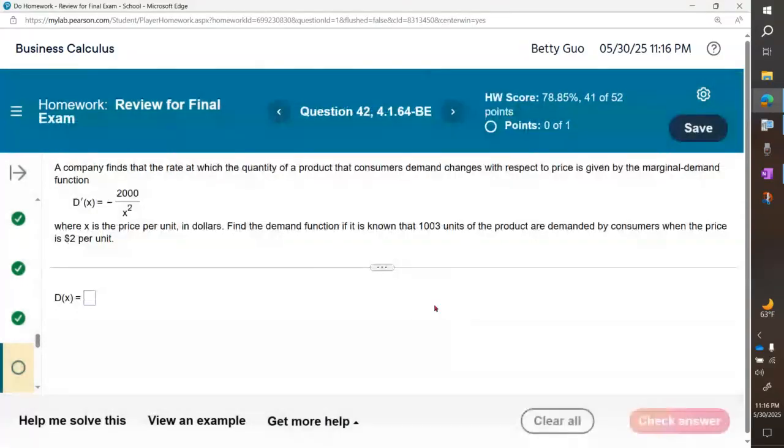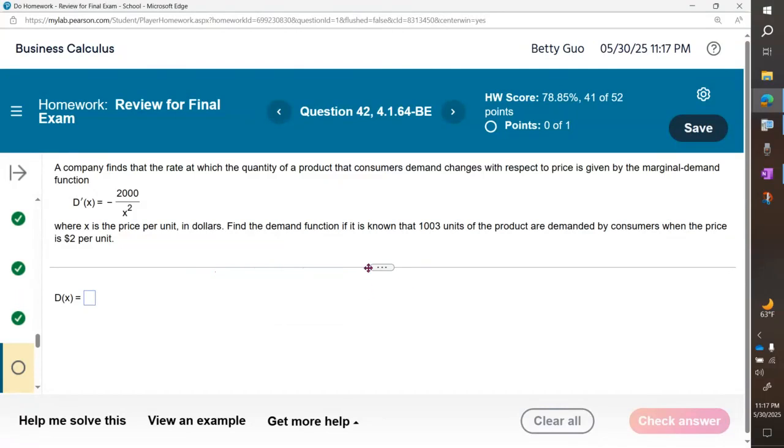Question number 42. A company finds that the rate at which the quantity of a product that consumers demand changes with respect to price is given by this marginal demand function, where x is the price per unit in dollars.